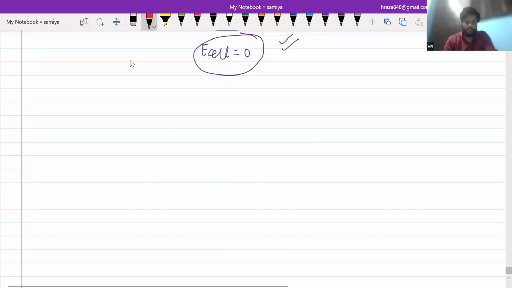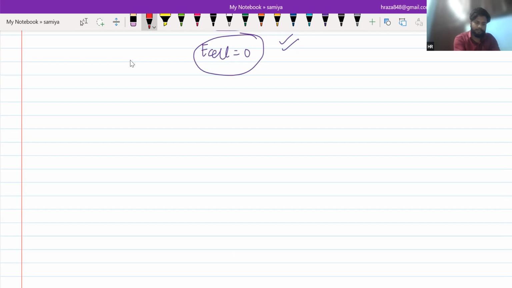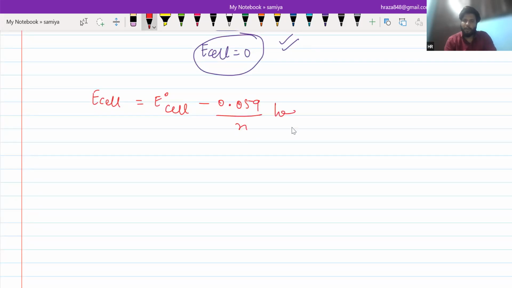Now see, we have a formula that E cell will be equal to E naught cell minus 0.059 upon n log to the base 10, and here it is product upon reactant.